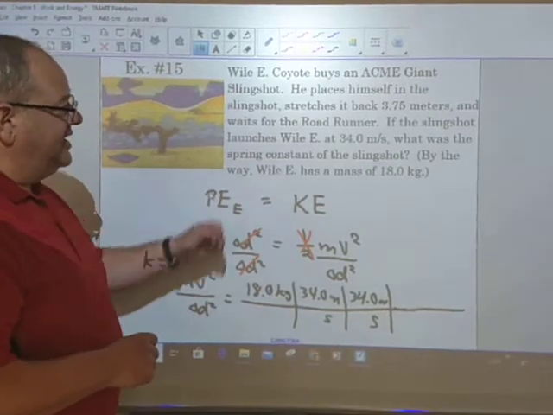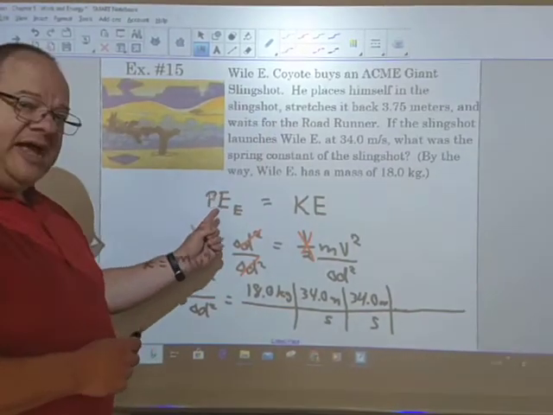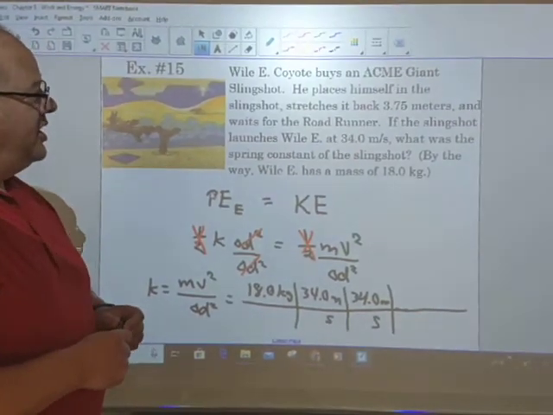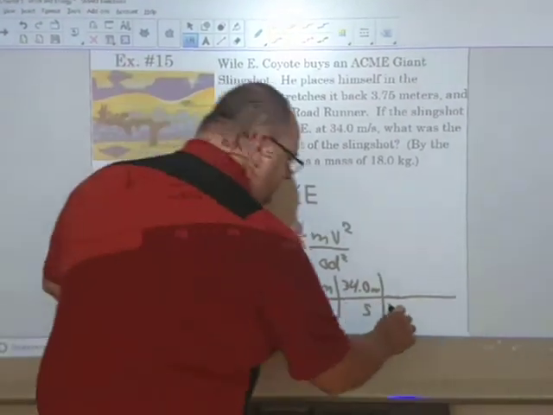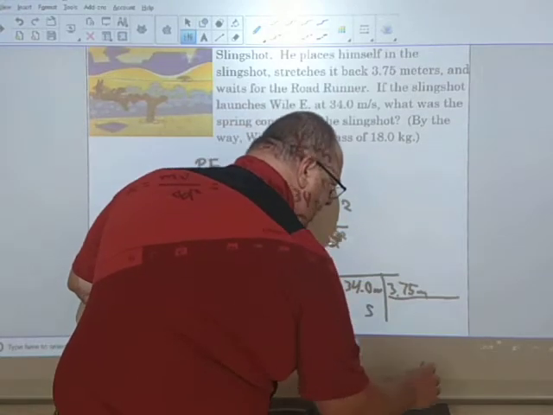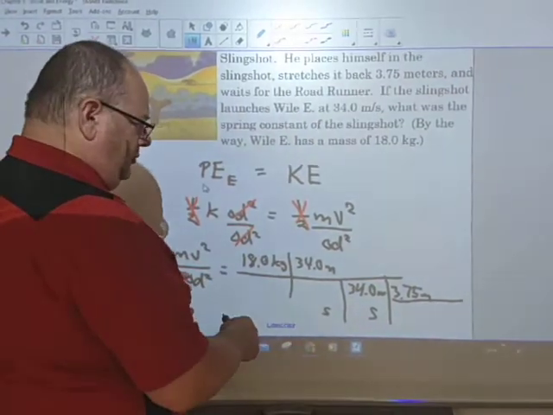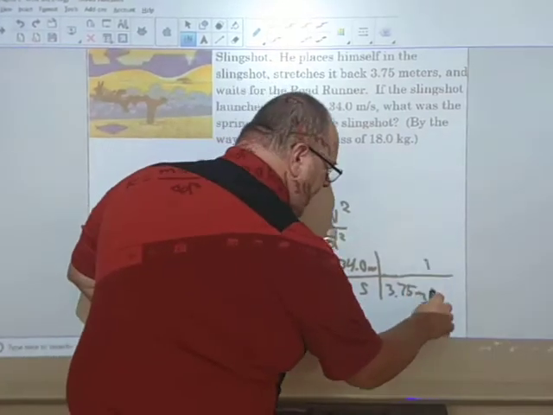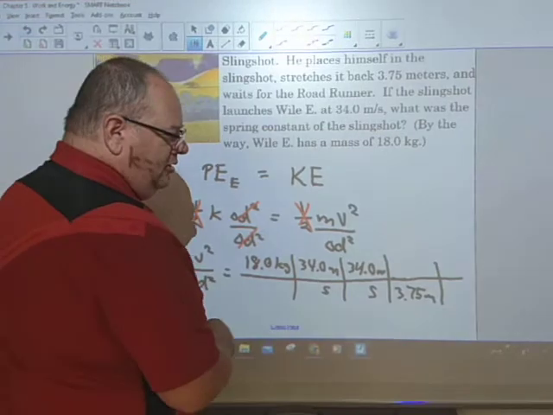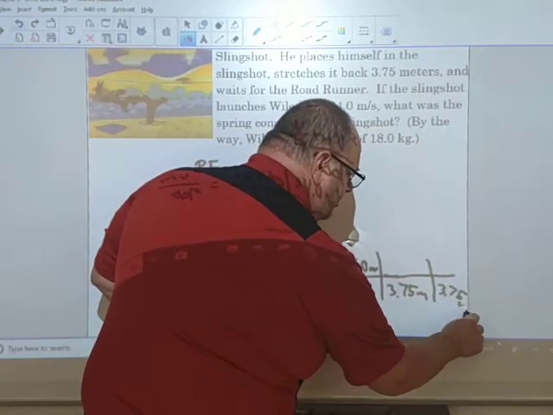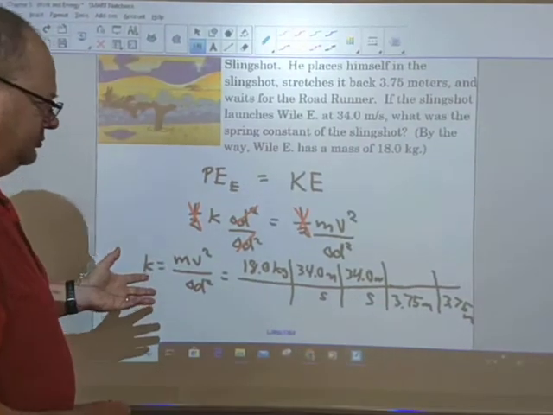Now that delta D is the stretch, because that came from our elastic potential energy, so that's the stretch of our system, 3.75 meters. I'm going to put that in also twice because it was squared. Okay?